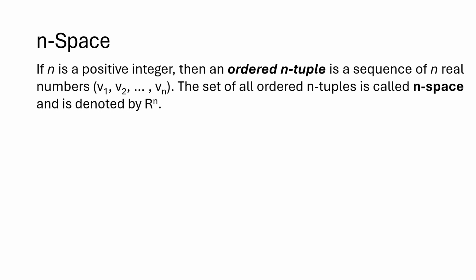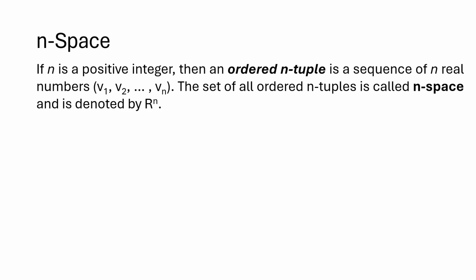You can think of the numbers in an n-tuple v sub 1 to v sub n as either the coordinates of a generalized point or the components of a generalized vector, depending on the geometric image you want to bring to mind. The choice makes no difference mathematically, since it is the algebraic properties of n-tuples that we are concerned with.